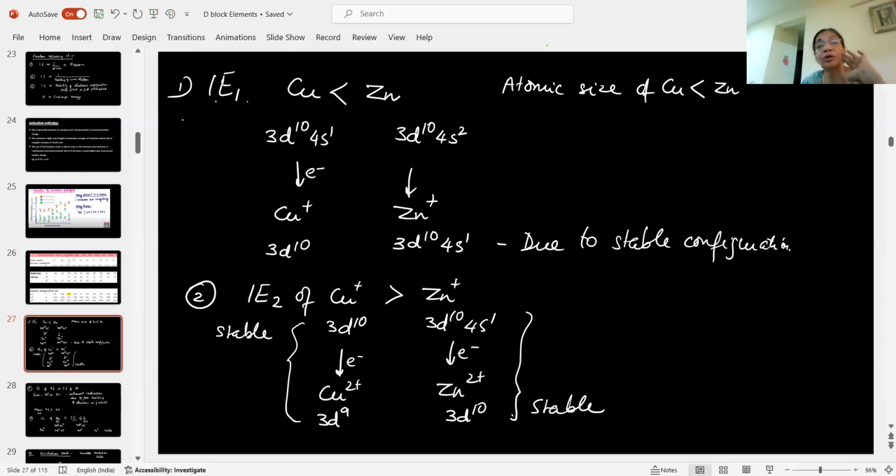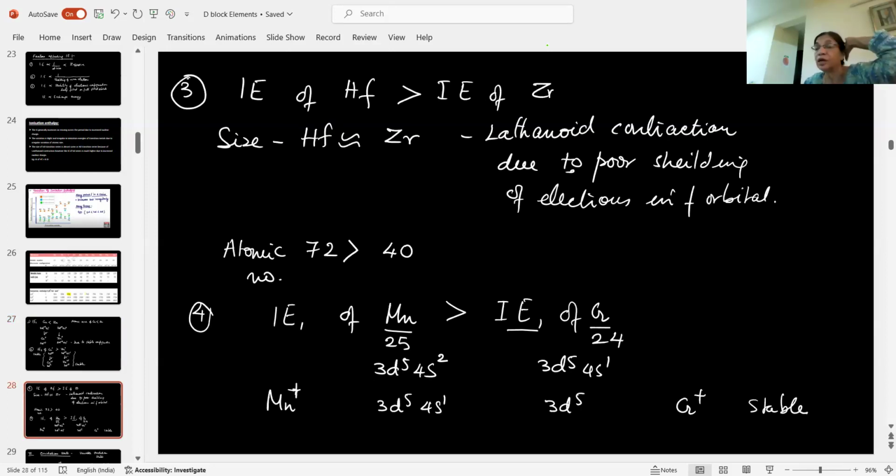The reason is the configuration of copper and zinc. When I remove one electron, copper becomes Cu plus, and for Cu plus it is 3d10. So from unstable it becomes more stable, and here from stable it is becoming unstable, and that is why the first ionization energy of copper is less than that of zinc. So most answers have to be given based on this sort of explanation.